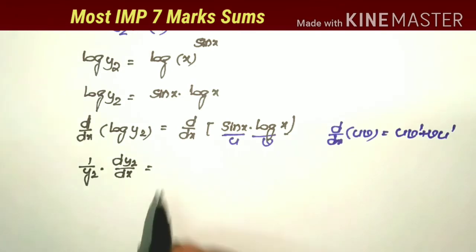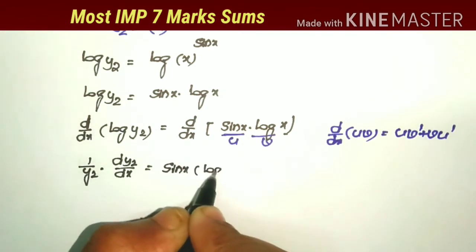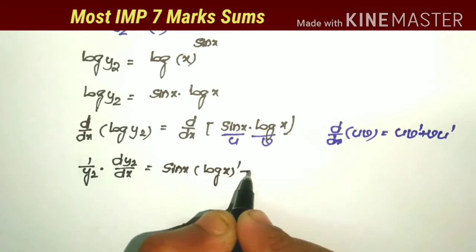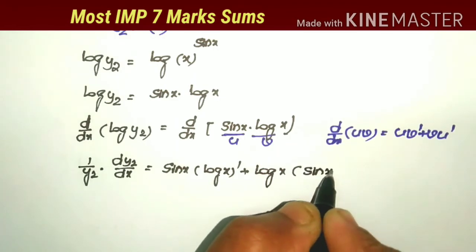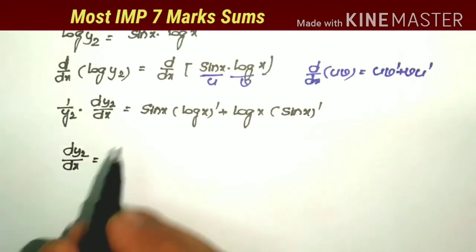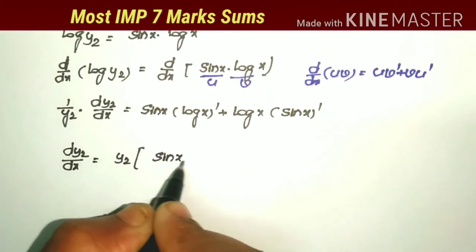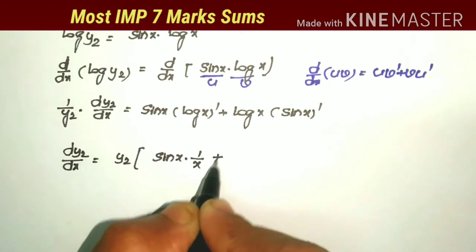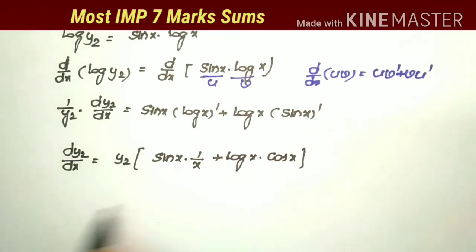So this is equal to u into v dash, that is sin x into log x whole dash, plus v into u dash, log x into sin x whole dash, u into v dash plus v into u dash, and this is equal to, therefore dy2 by dx is equal to, writing this y2 to this side, y2 into sin x into log x derivative 1 by x plus log x into sin x derivative cos x.